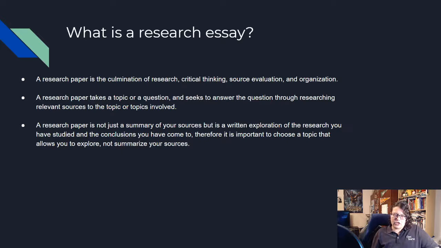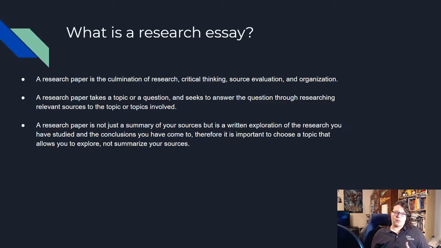Source evaluation makes sure those sources are accurate and applicable to the question that's being asked. And organization means making sure that your paper is organized such that any reader could read your paper and understand what you're seeking to understand and what research you have completed.